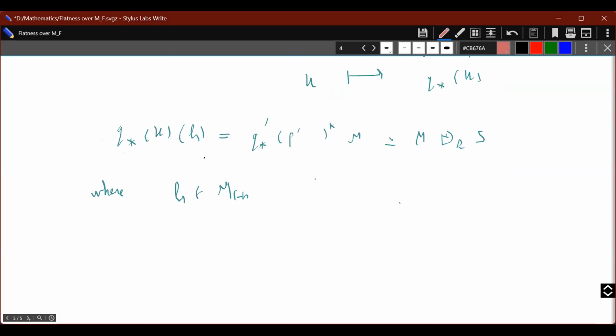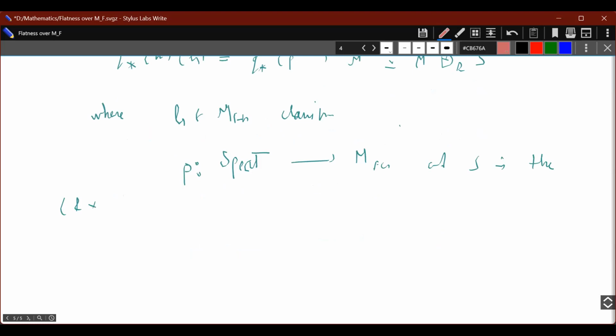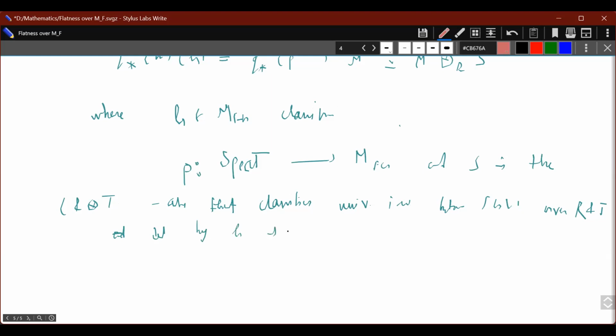And zeta classifies this map that I call P, and S is the algebra that classifies universal isomorphisms between formal group laws over R and T, determined by this thing from other points in phi.